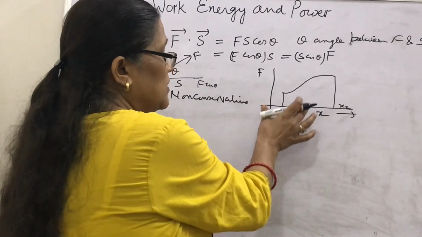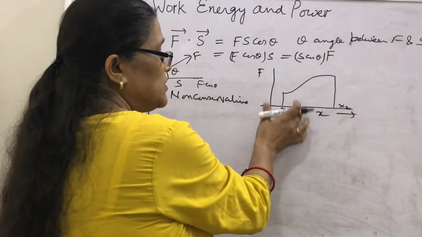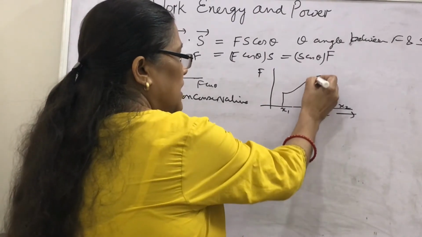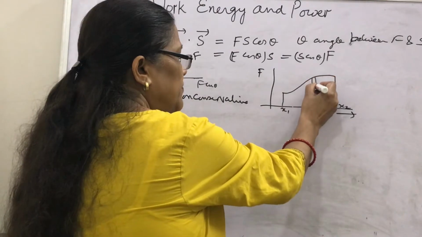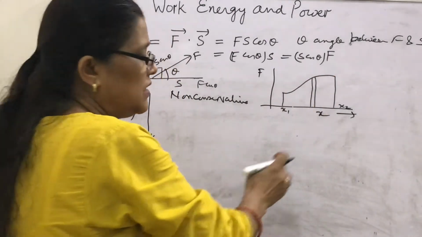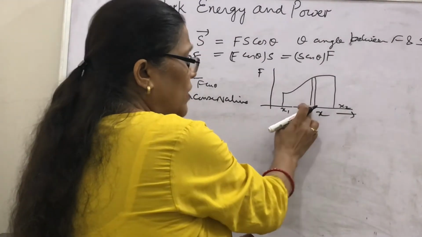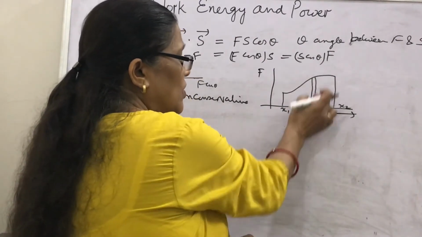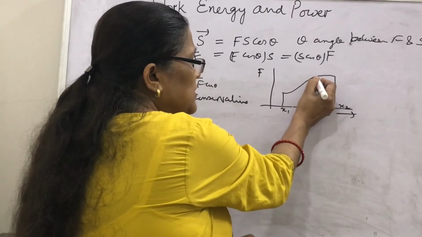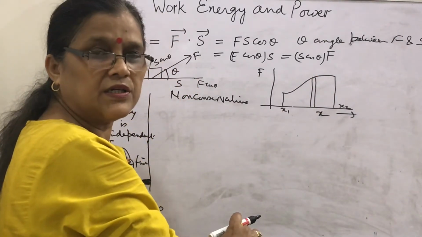In this case, for the work done by a variable force, we take a portion under the graph of a very fine thickness or breadth. Let this be dx. For this strip of thickness dx, we can suppose the force is almost constant.